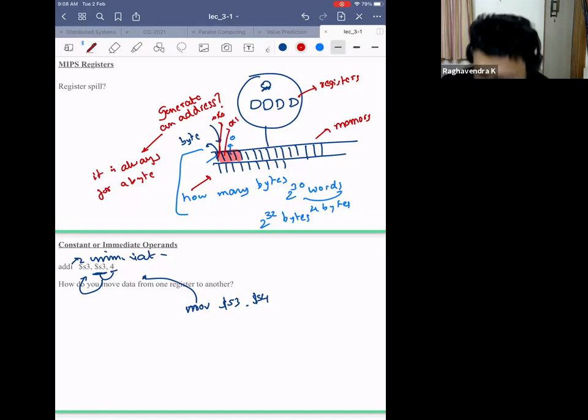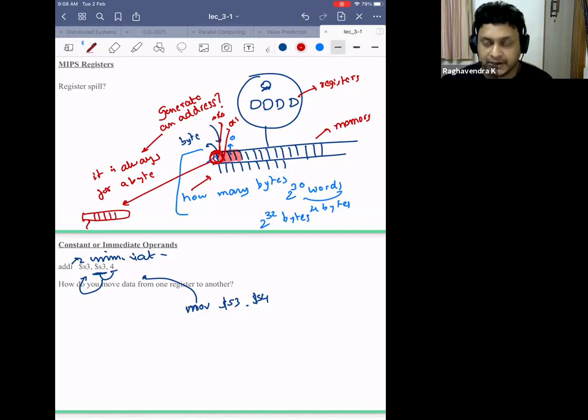But a bit inside a byte doesn't have a different address. Let's say I take this particular byte and there are 8 bits. You cannot have a bit address. The address for this bit is not different from the address for this bit. You can generate a byte address. So whenever you generate an address, it is always for a byte. Please keep that in mind.